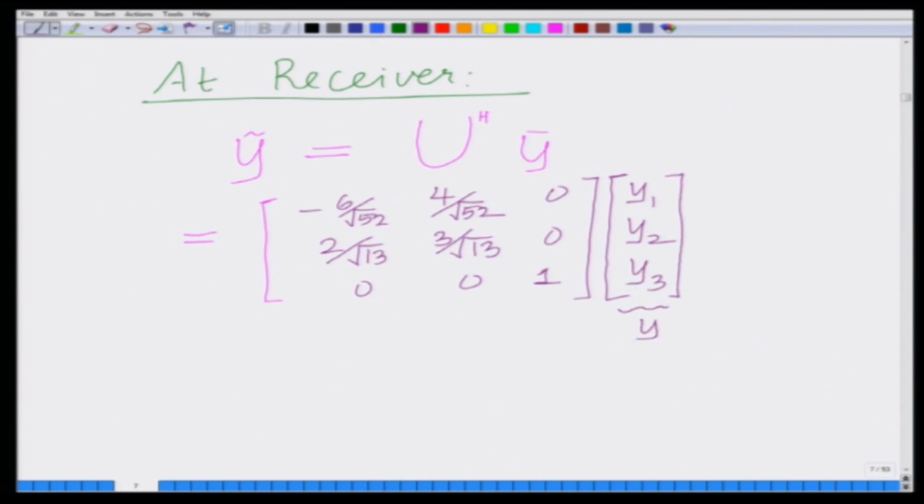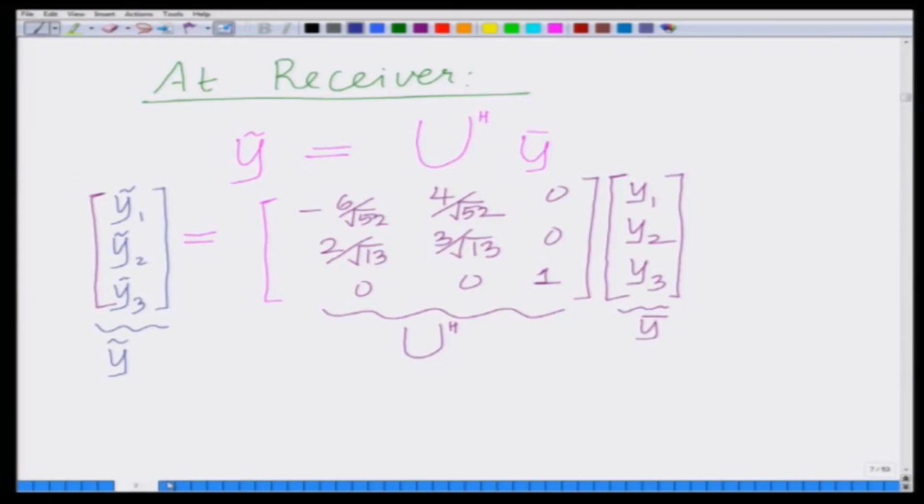This is basically my y bar, this is my U Hermitian, and this is my y tilde, which is y1 tilde, y2 tilde, y3 tilde, my 3 cross 1 vector y tilde. So, at the receiver I am generating y tilde as U Hermitian times y bar, and since we know the matrix U which follows from the SVD of the channel matrix H, I can perform U Hermitian y bar to generate the vector y tilde.